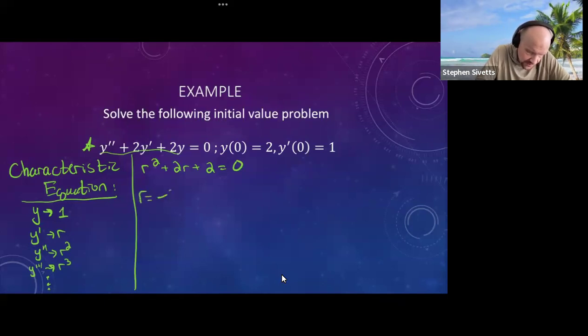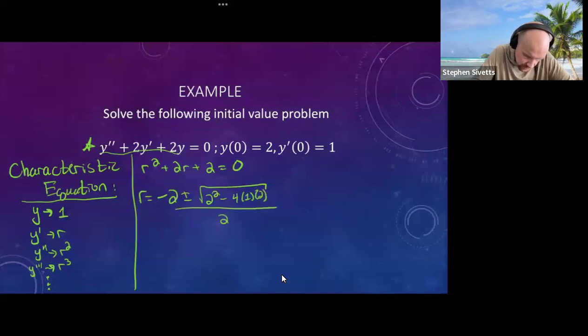So r is equal to -2 plus or minus the square root of 2 squared minus 4 times 1 times 2, over 2 times 1. That's the quadratic formula. So r is equal to -2 plus or minus the square root of 4 minus 8, which is the square root of minus 4, over 2.